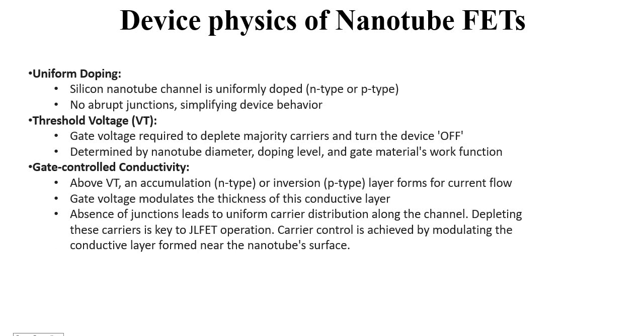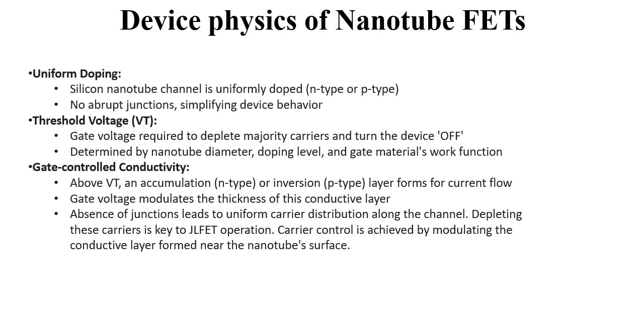Now let's come to device physics. Here in this video I have simulated the junctionless FET, because the nanotube is similar to the junctionless nanowire, but in this video I have simulated the nanotube junctionless FETs. In junctionless FETs, first of all I would like to discuss uniform doping.